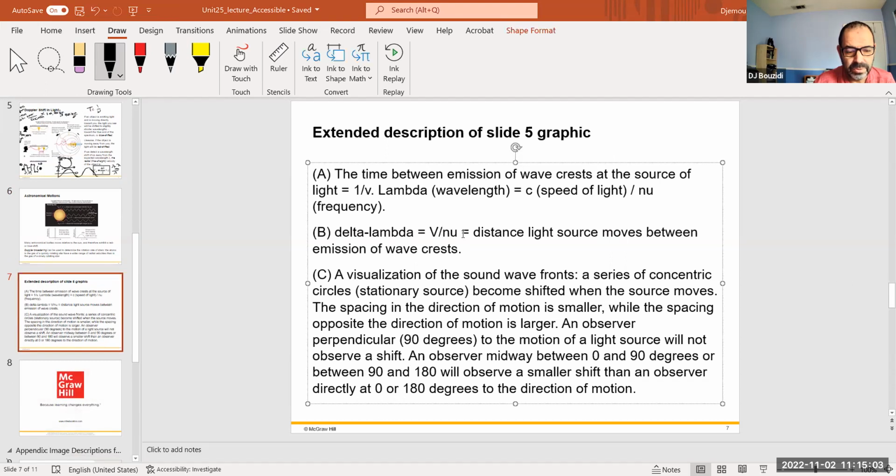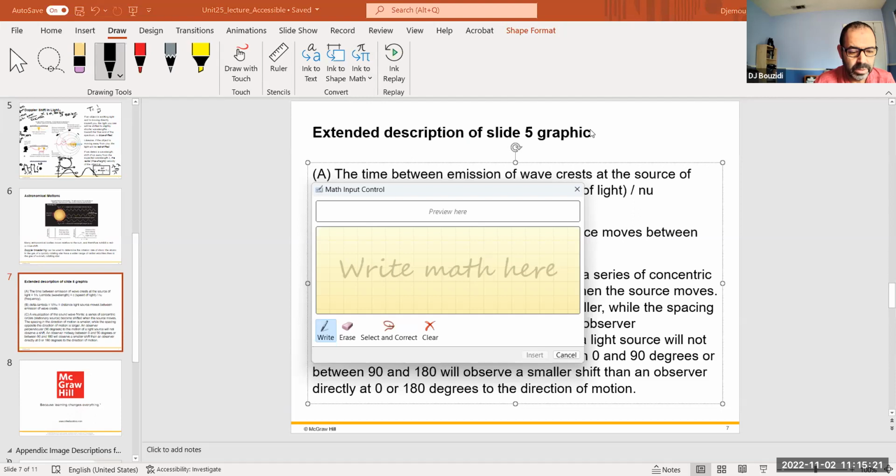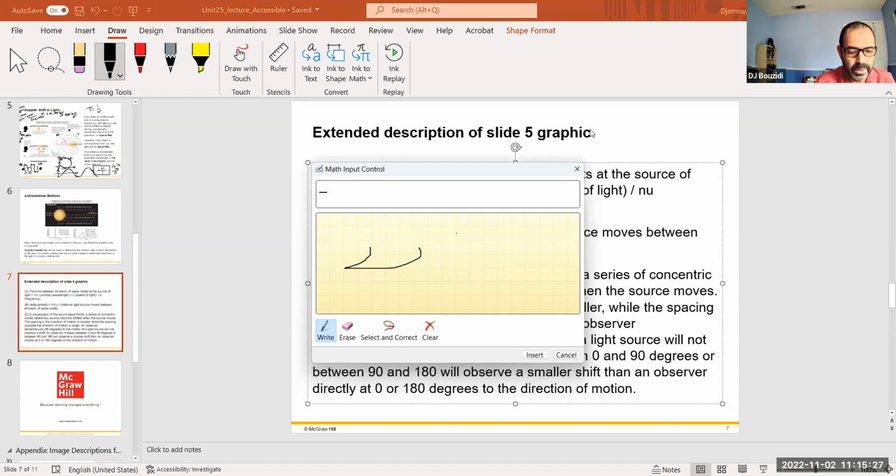So V divided by nu, the Greek letter nu. Can I edit this quickly and enter an equation? What is the equation editor? Here it is. Oh man, I just want to write the Greek letter nu. No, sorry. Give me V, cancel.